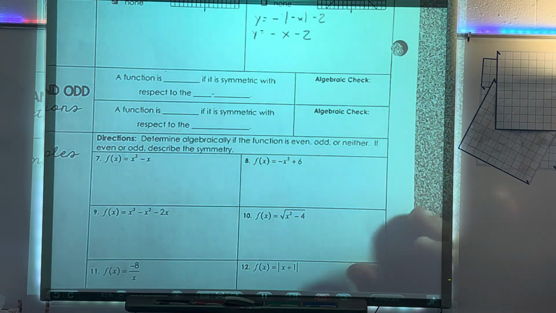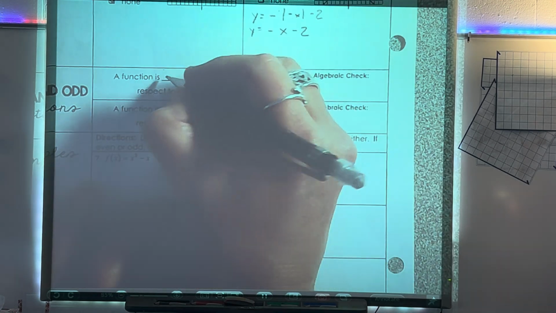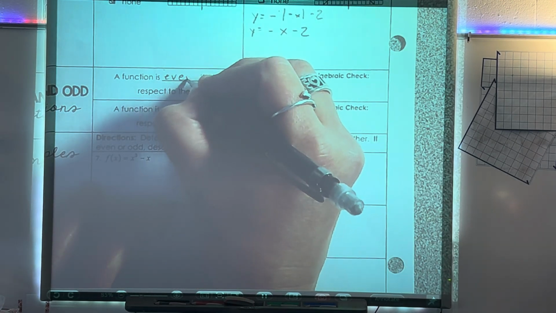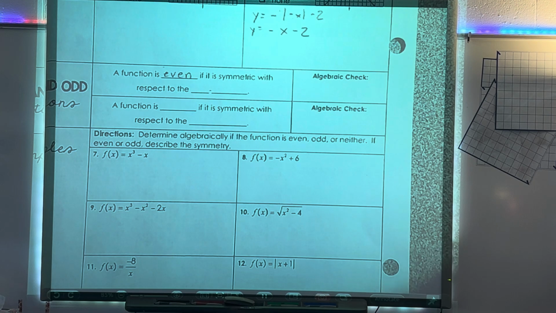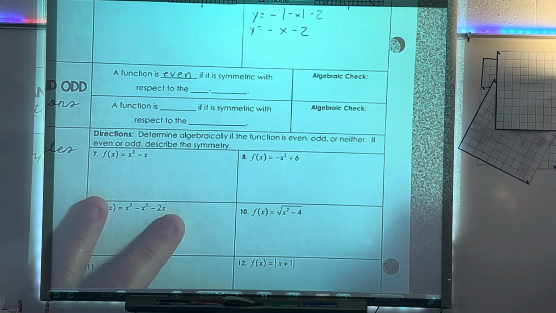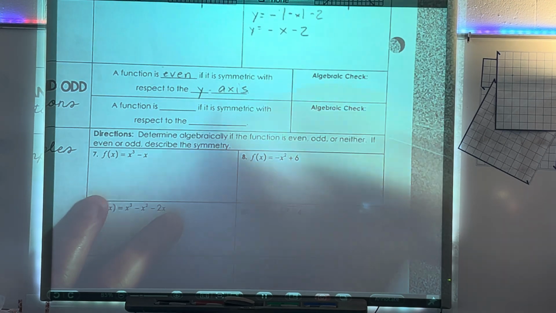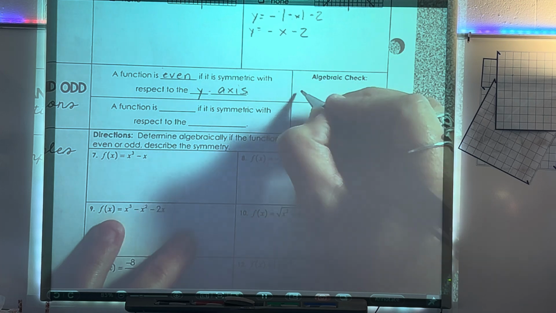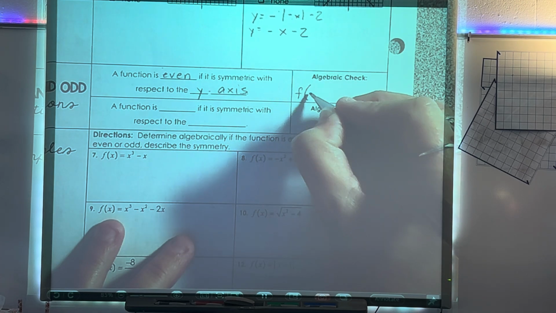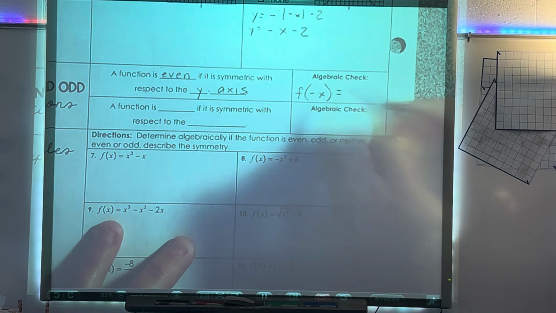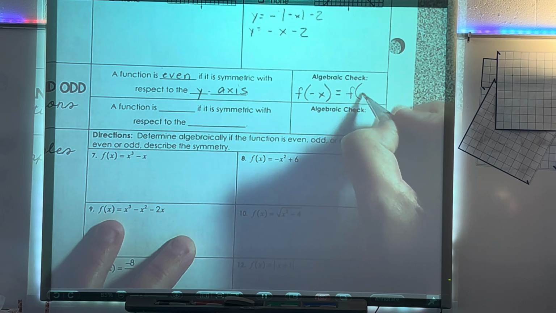Alright, so even and odd. A function is even if it's symmetric with respect to the y-axis. That would mean, as we were talking about the other day, f of negative x is equal to f of positive x.